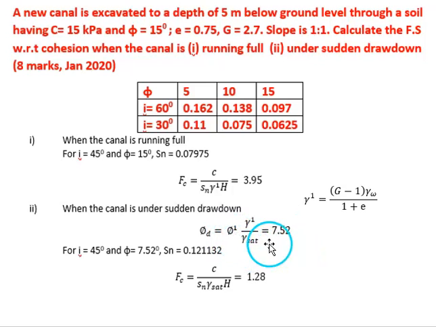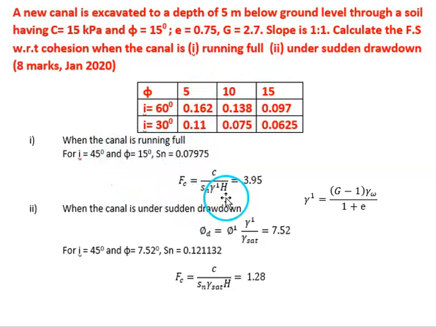So corresponding to this phi d value, we should take the stability number. These are the stability number values corresponding to different phi and i values. In the initial part of the question, it is asked to estimate the factor of safety with respect to cohesion when the canal is running full.